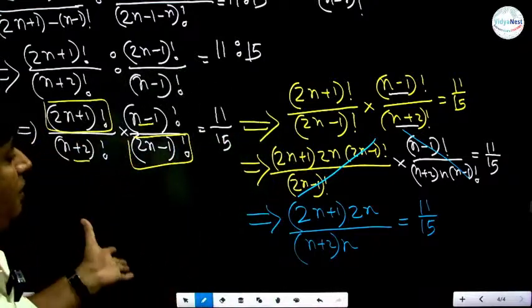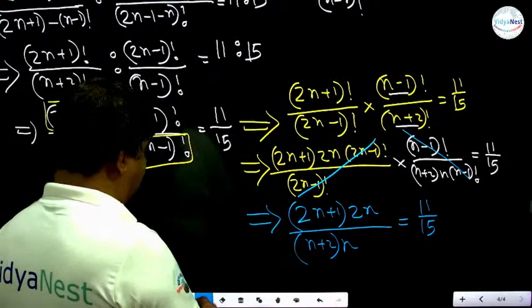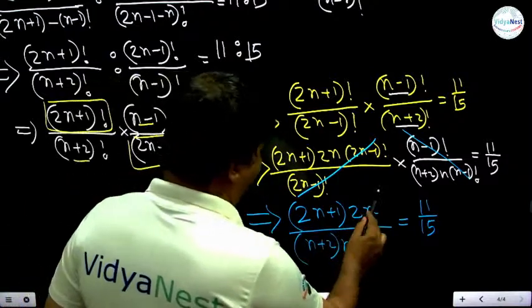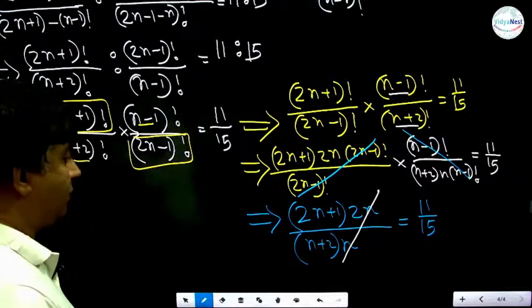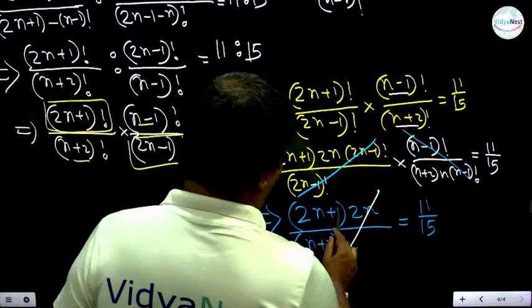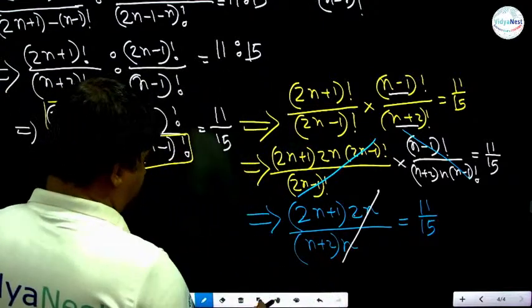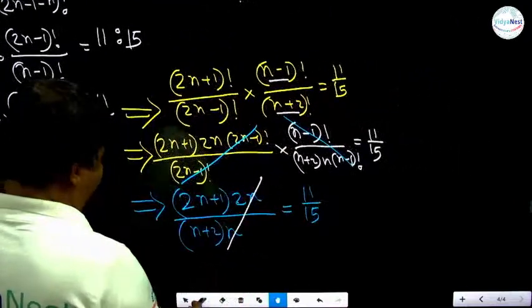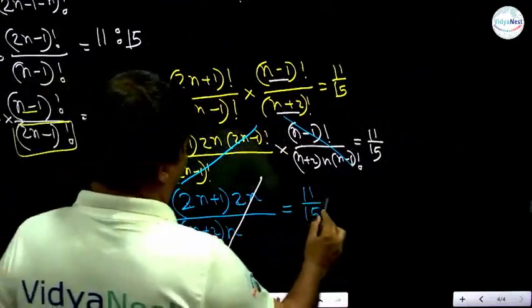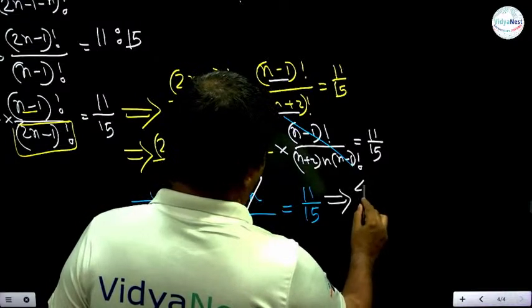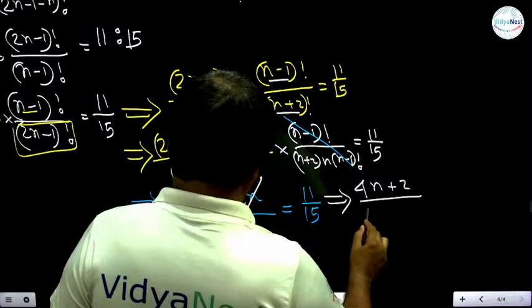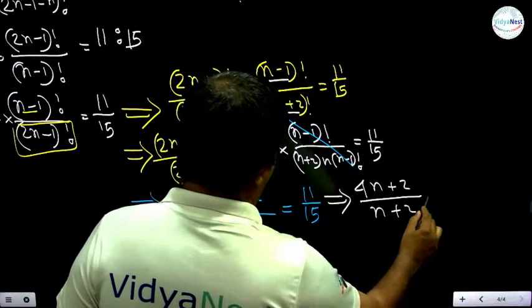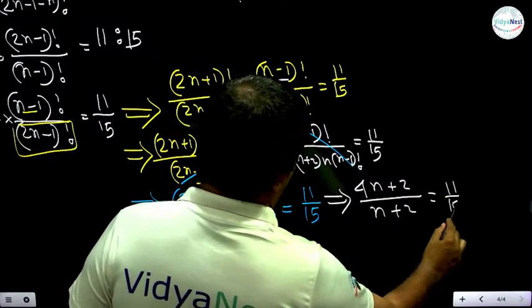Now more simplification is possible. Yes, obviously possible. Clearly visible that n will get cancelled. Yes or no? Yes, sir. And we have nothing but to multiply it. How to multiply and simplify? 2 into 2, 4n plus 2 by n plus 2 is equal to 11 by 15.